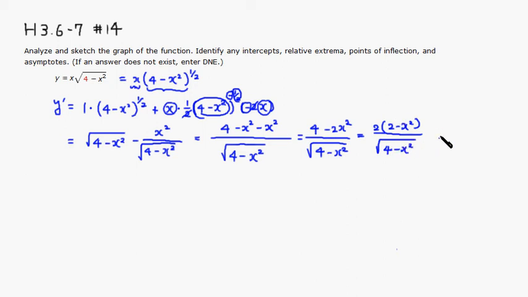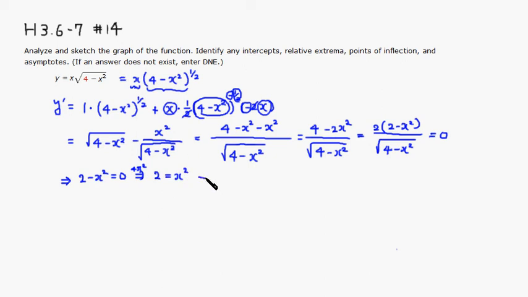All right, so we can set that equal to 0 to find the critical number. All right, so it's going to be 2 minus x squared must be 0. Right, so that's the numerator, and you don't have to worry about 2. And then you can add x squared to get the 2 has to be equal to x squared.